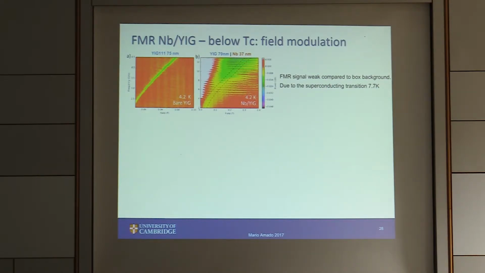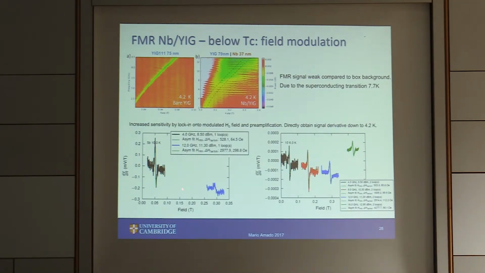So we had to overcome this problem by introducing an alternating magnetic field on top of that, which is modulated, and we could start observing how the Gilbert damping parameter and the full width at half maximum were changing as a function of the magnetic field at different temperatures.